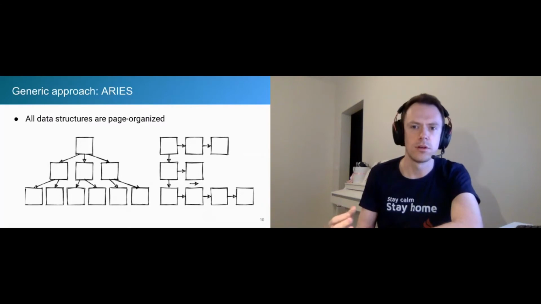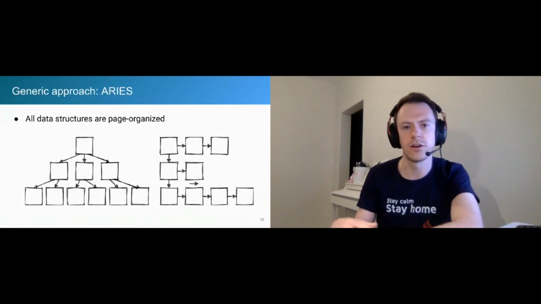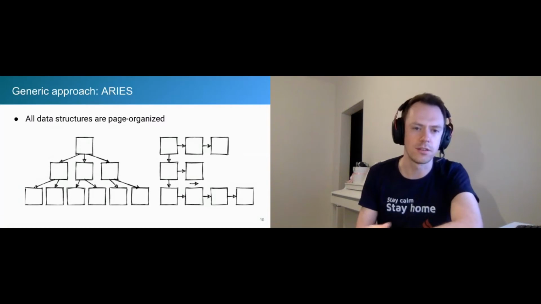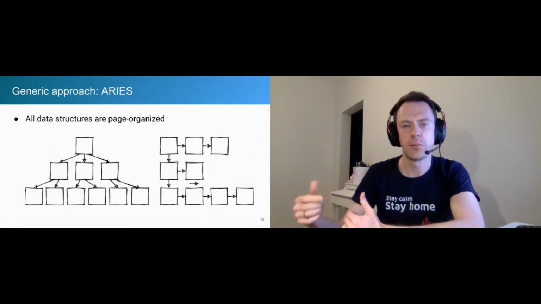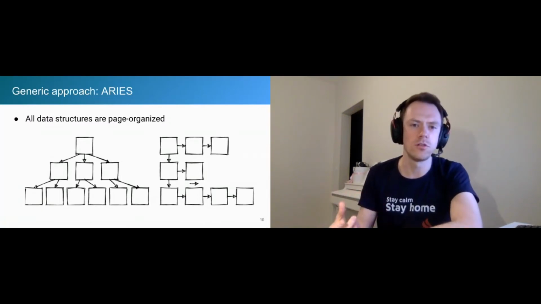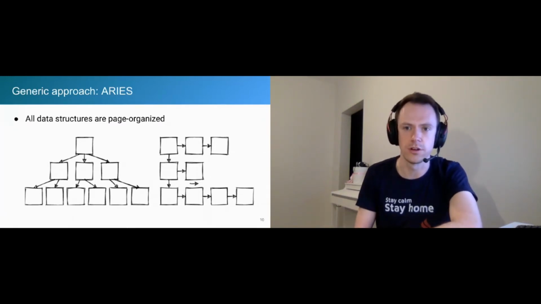For example, we can build a durable tree, we can build a durable free list, and all these data structures are present in Ignite, and they are page organized. In order to link pages to each other, we still use the same logical page IDs that are used in the indirection tables.